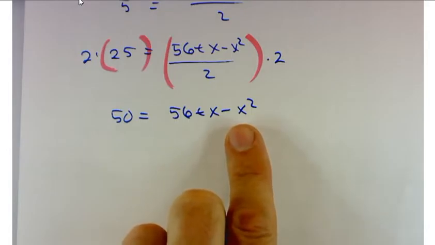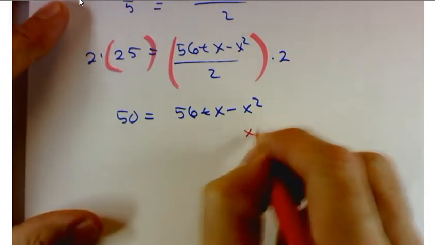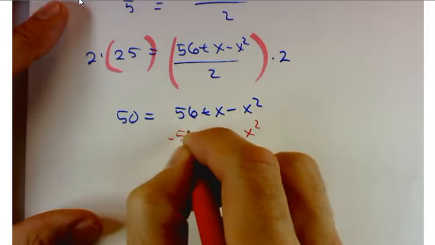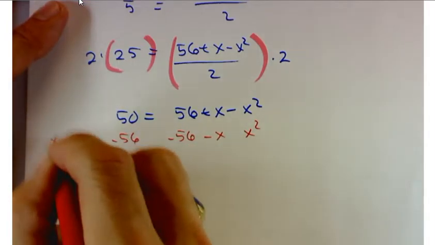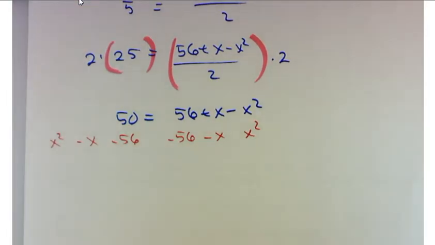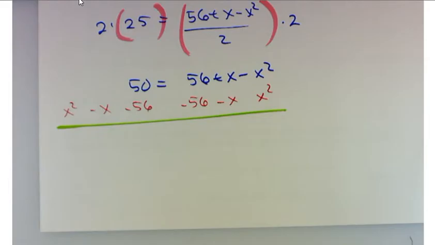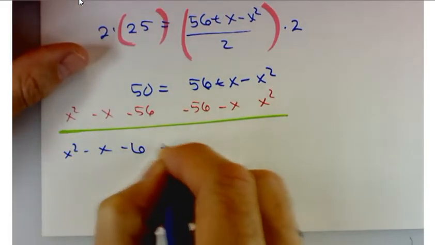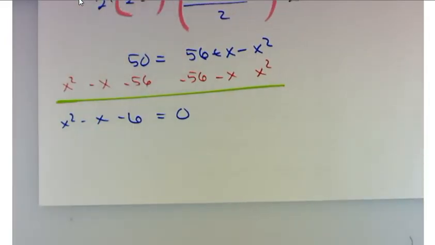It's going to be a lot easier to factor if you have a positive x squared as opposed to a negative x squared. So what I'll do is I'll add x squared to both sides, subtract x from both sides, and subtract 56. So minus 56 minus x plus x squared. So I get x squared minus x minus 6 equals 0.